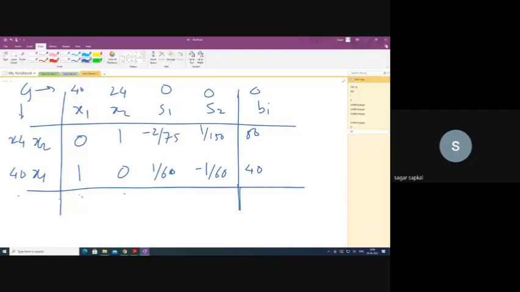So this will be 0, this will be 0. This is 40, so it is coming as 0. This will be 24, so it is coming as 0.